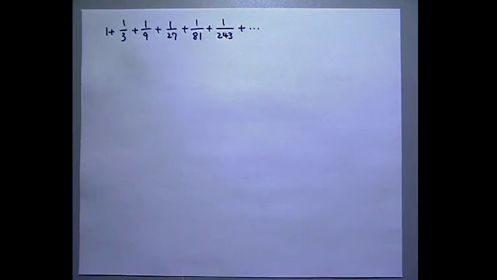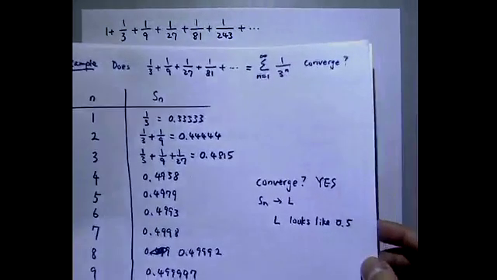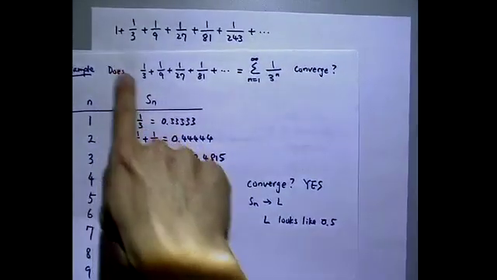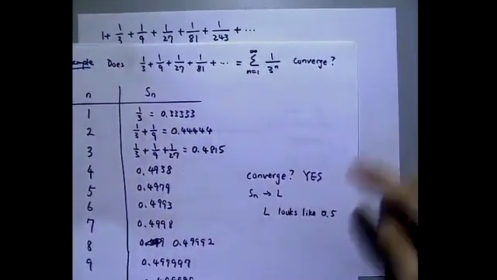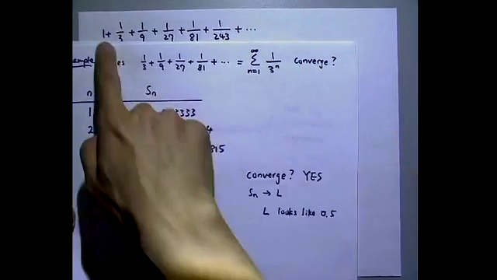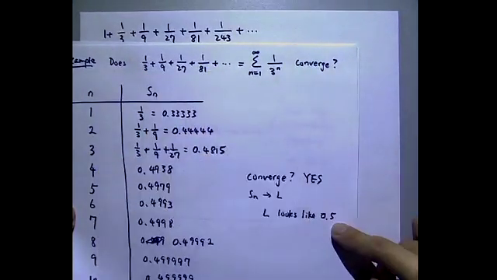I added 1 to the beginning of it. And we saw earlier that without a 1, this series converges. Without a 1 in front, this has a finite sum, about 0.5.